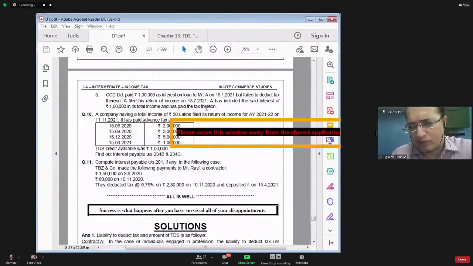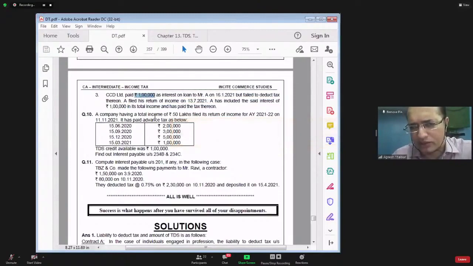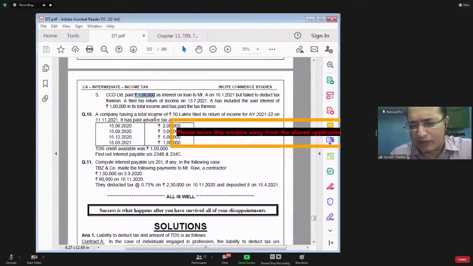So for 6 months, you have to calculate interest at that 1% per month or part of the month. So that interest amount will be 6%. 6% of what? Of TDS amount. What is the TDS amount? COVID special rate of TDS is 7.5% because the payment is made on 16 January 21. 7.5% of 1 lakh is 7,500. Of that 7,500, you apply what? 6%.